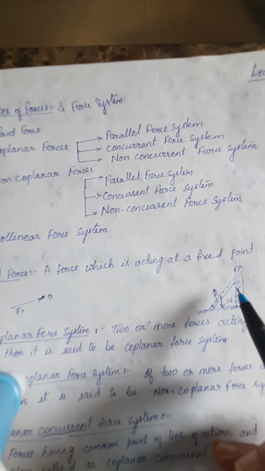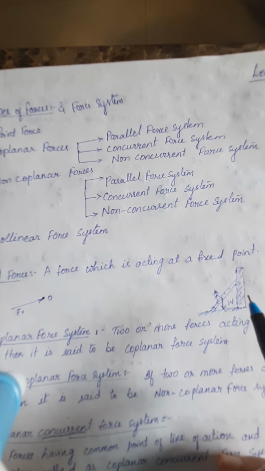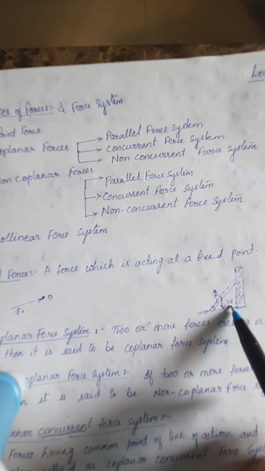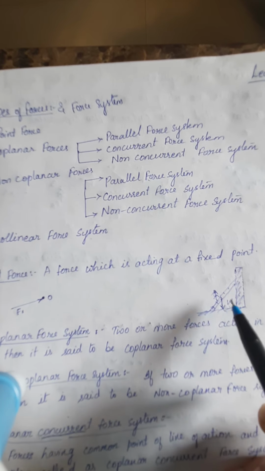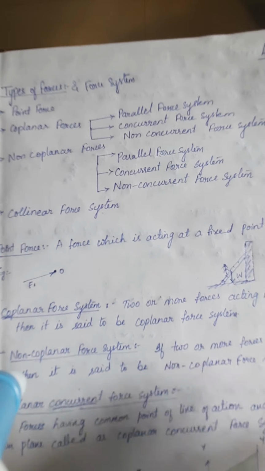This is a very good example of a point force, and it is a practically used example where the man's weight is assumed to act as a concentrated weight towards the ground.